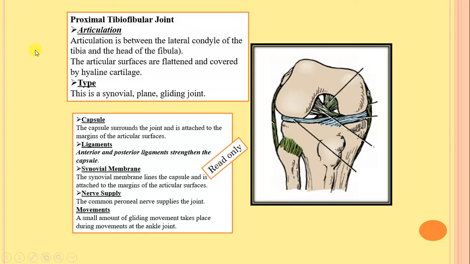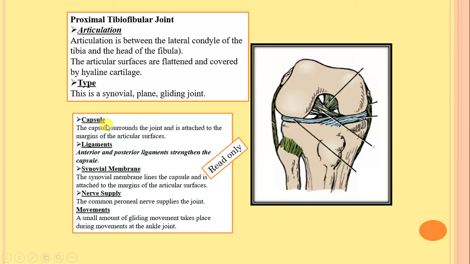Here is the proximal tibiofibular joint. First, you want to know its articulation, between the lateral condyle of the tibia and the head of the fibula. The articular surfaces are flattened, covered by hyaline cartilage. Here we can see it. And the type is synovial plane gliding, because they are flattened surfaces.